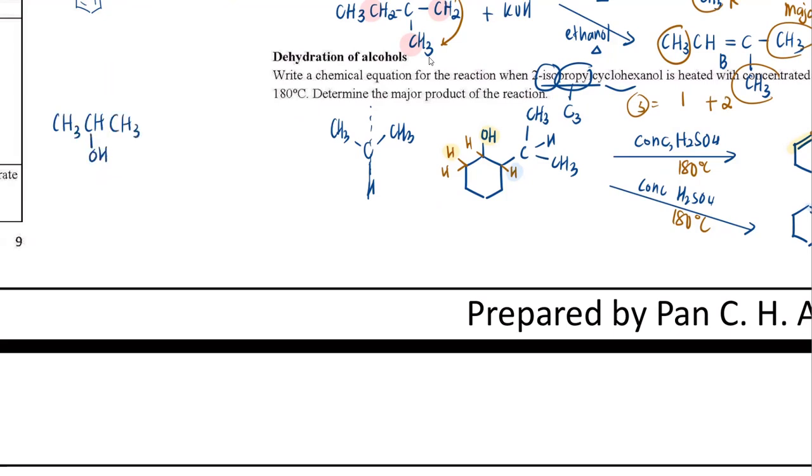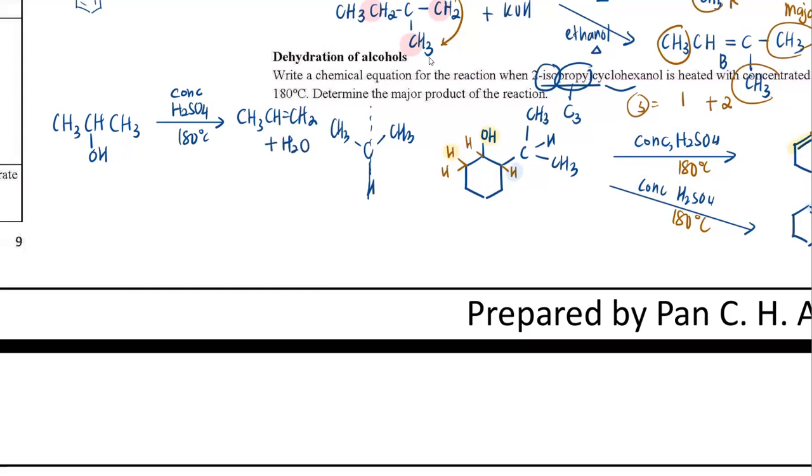In case your temperature is above 180 degrees with the same reagent, sulfuric acid, you can form alkene at this moment. This is the alkene you form, and you eliminate a water molecule.